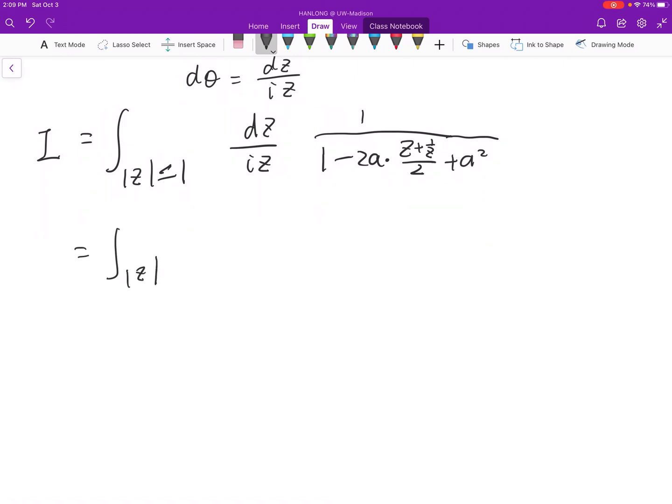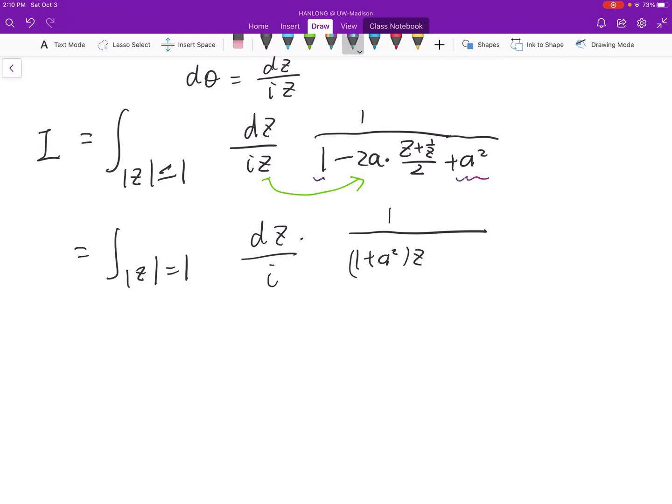You multiply z to the denominator and get 1 plus a squared times z. The 2 cancels out with the 2 here, and you get minus a z squared minus a.